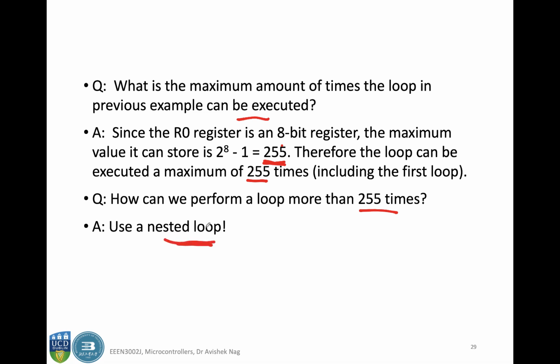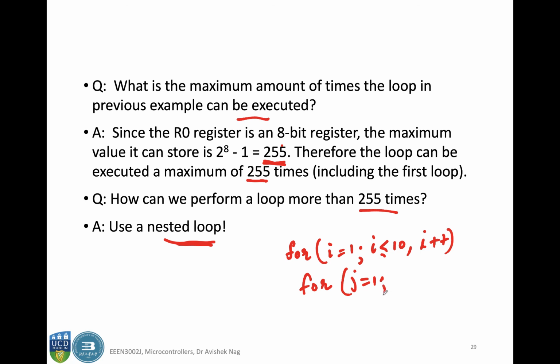You can write nested loops in high-level languages like C. So you have nested for loops: for i equal to 1, i less than or equal to 10, and then i plus plus. And then another loop, for j equal to 1, j less than or equal to 20, and then j plus plus.